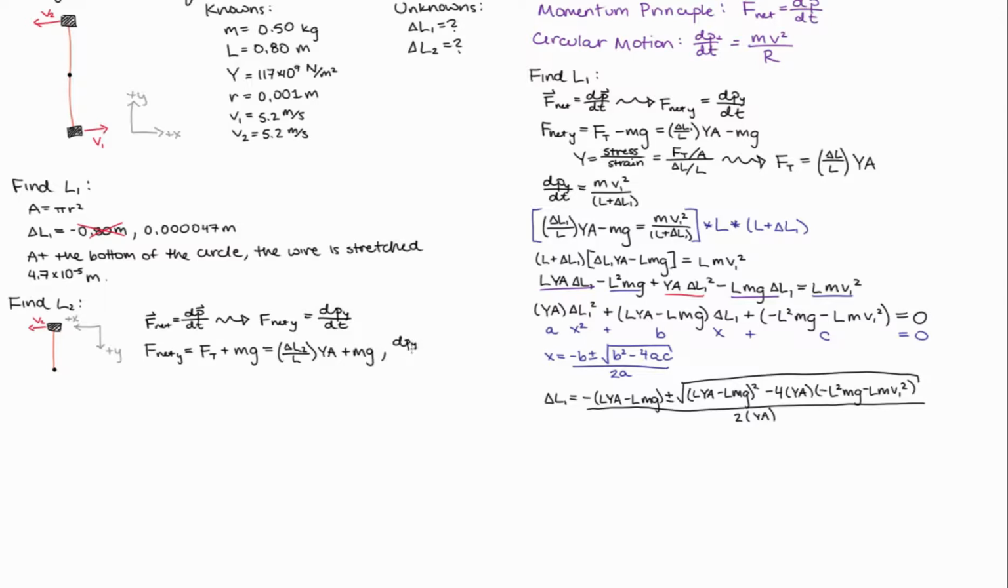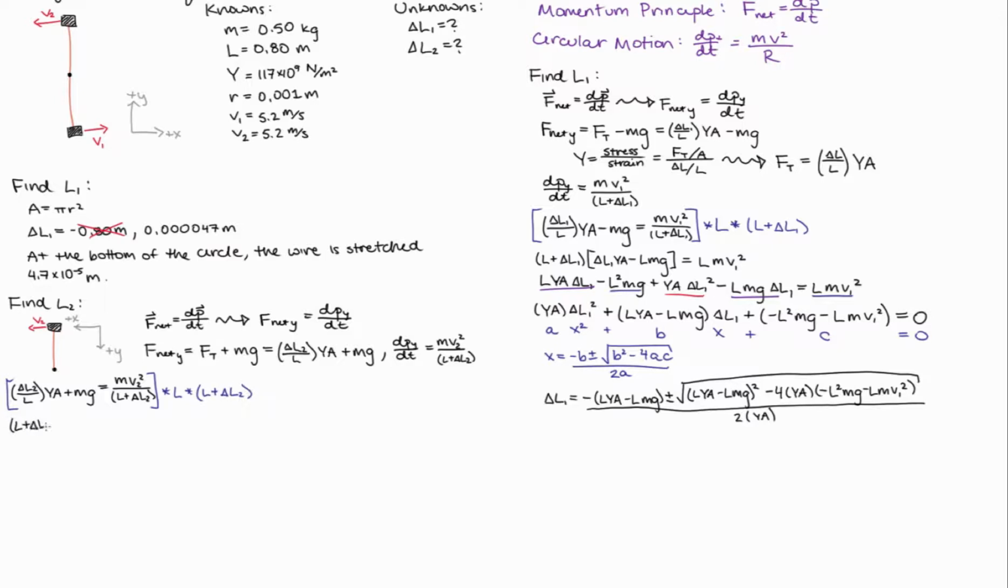Here too, dp_y/dt is given by mv2 squared over L plus delta L2. Plugging these into the momentum principle gives us delta L2 over L times YA plus mg equals mv2 squared over L plus delta L2. Again, we multiply the entire expression by L times L plus delta L2 to get rid of all denominators.